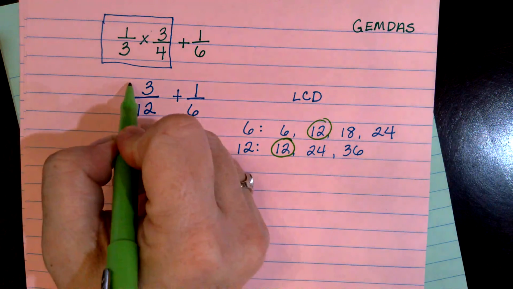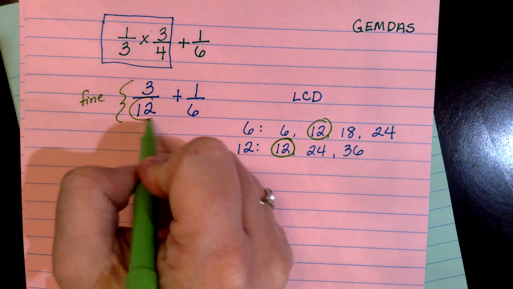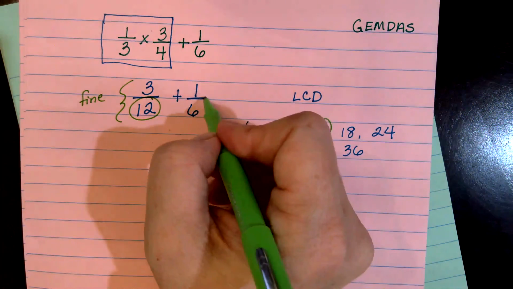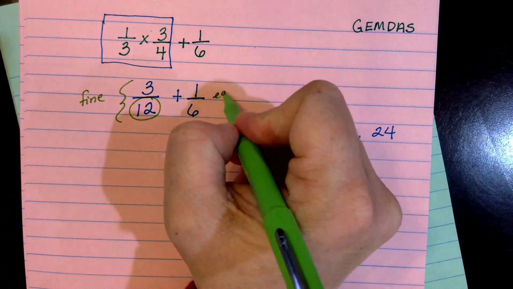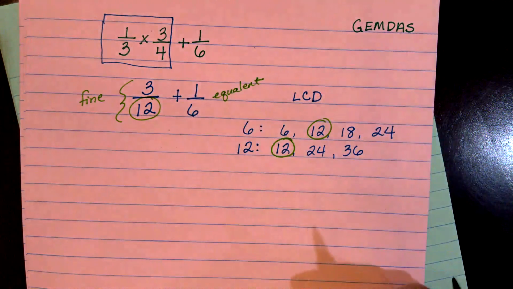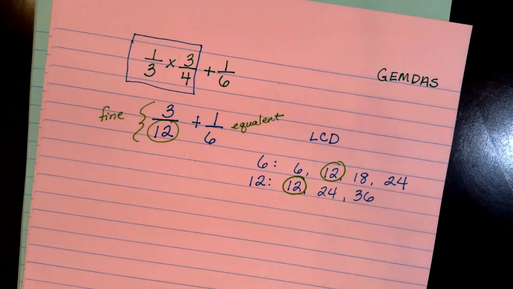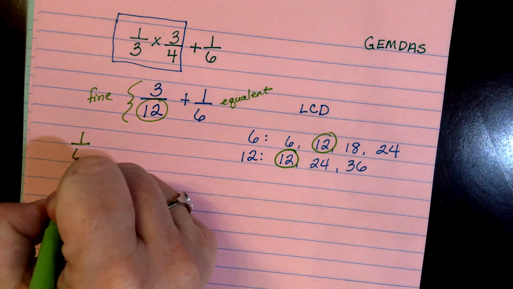We don't have to do anything with this fraction. It's fine because it already has 12 as a denominator. But we do need to make this an equivalent. We need to find an equivalent fraction that has 12ths as the denominator. So when we look at that, we're going to look at 1/6.